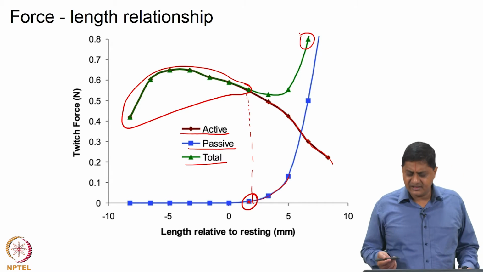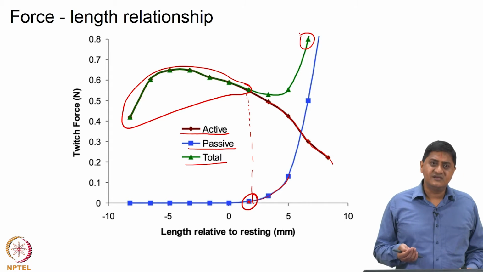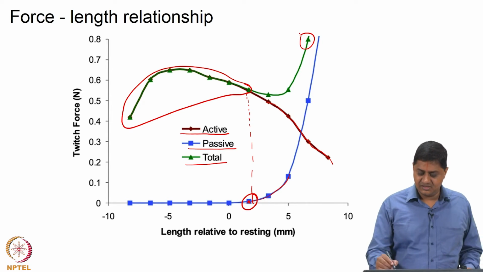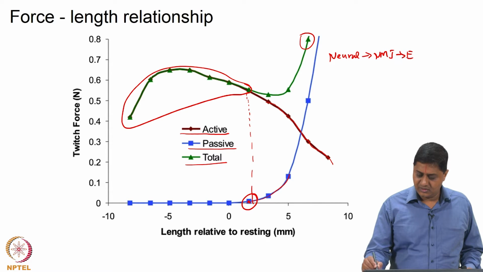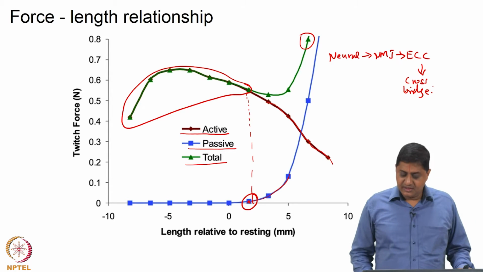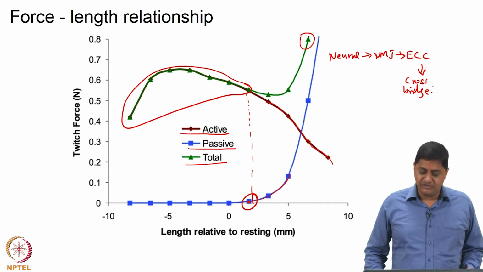What do we mean by active resistance? Active resistance is the resistance that is produced by cross bridge formation, by neural control. So, basically neural control to neuromuscular junction to excitation contraction coupling to cross bridge formation. It is this that causes the active force.